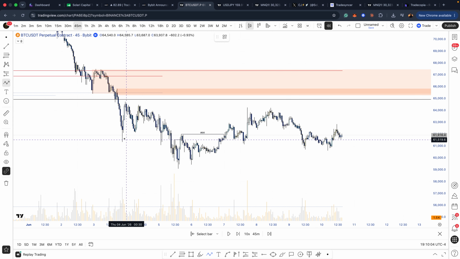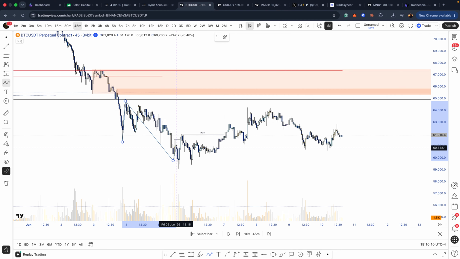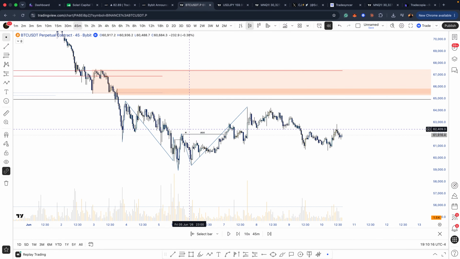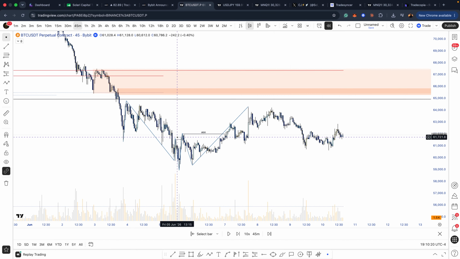So let's follow this. If we're looking at the 45, that's our current market structure on the 45 minutes. Even if you didn't like this break, you're getting a more main break right across there.